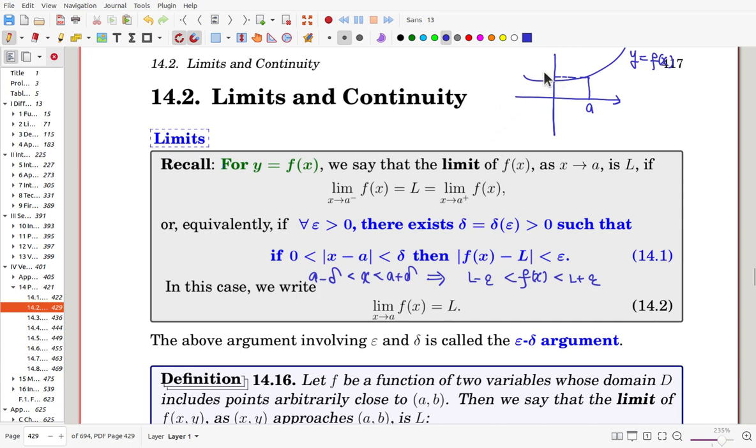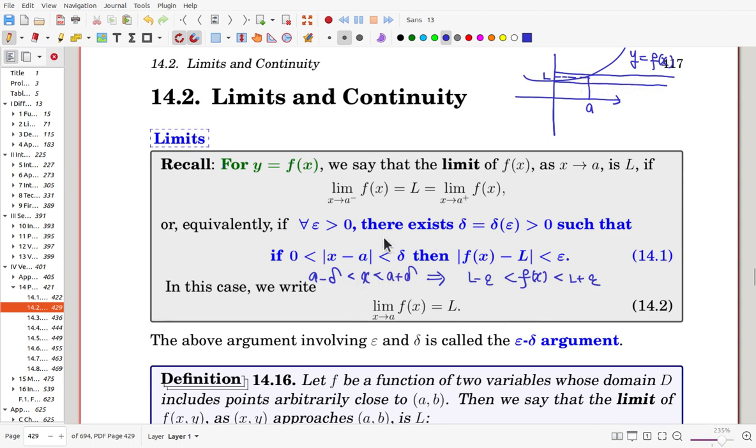But anyway, here that is L. Once we choose epsilon, then we consider this. So f of x must be between these two numbers. That means we may consider here a narrow strip, and the function value is inside this strip.